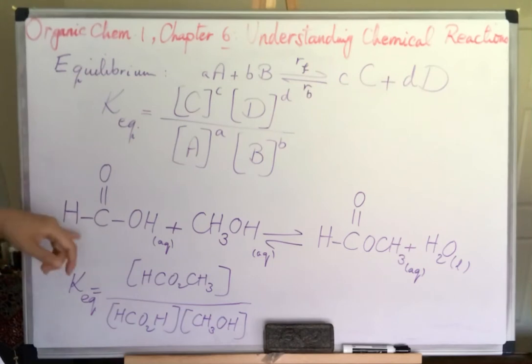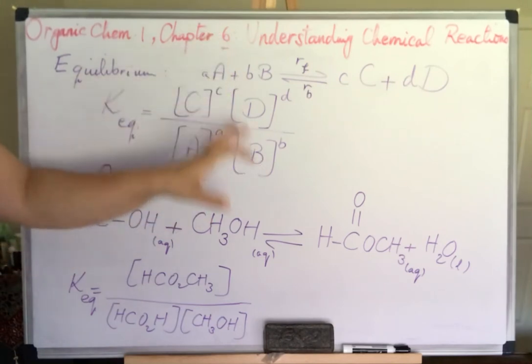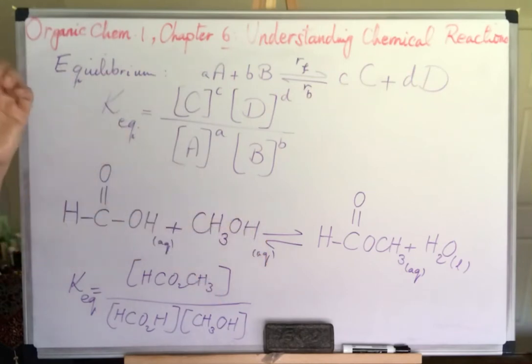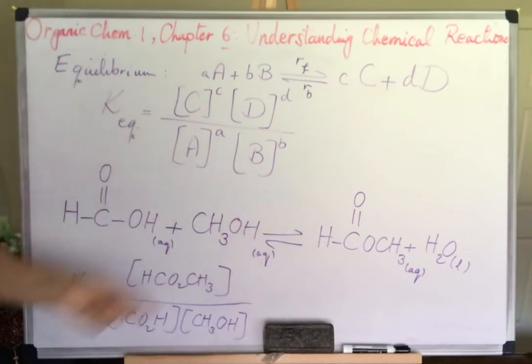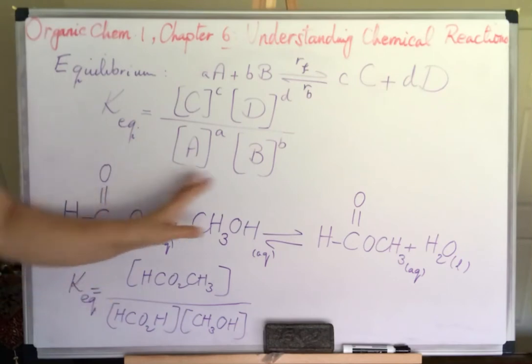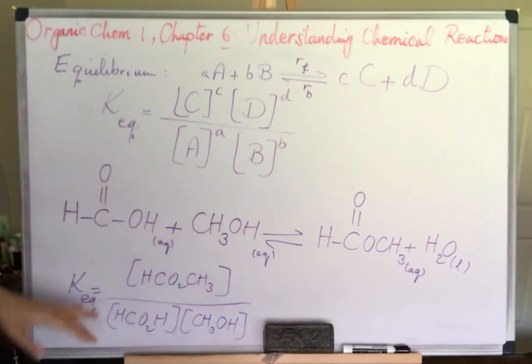Like here, this is an example of organic chemistry. The same rules apply to different compounds which are organic compounds now. HCOOH plus CH3OH gives that compound HCOOCH3 and H2O. You will see this in organic chemistry too, which is called esterification.